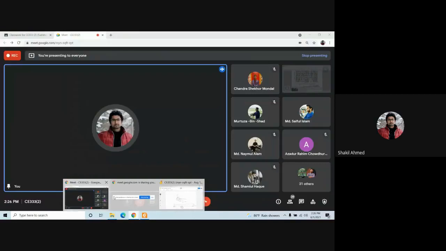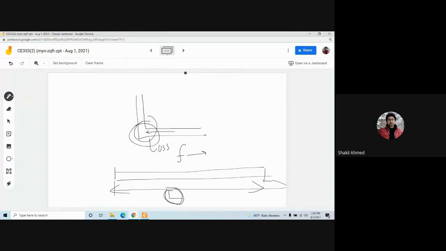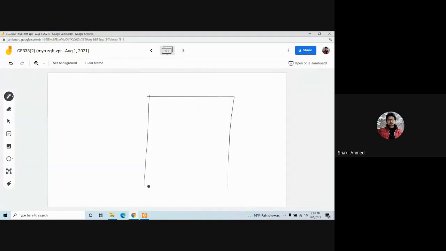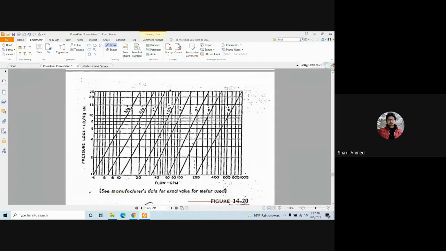Guys, you will have meters in your building, for example. The water authority provides a meter here, which calculates how much volume of water is flowing, and according to that they make the bill. So when the water passes through the meter, there is always loss, like in a venturimeter in your fluid mechanics. That also has to be calculated from here.